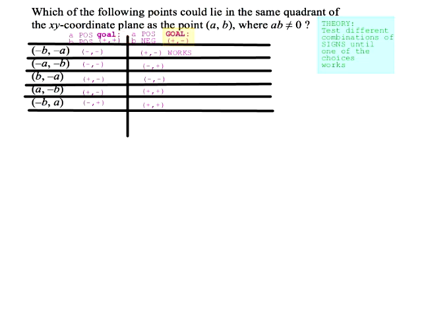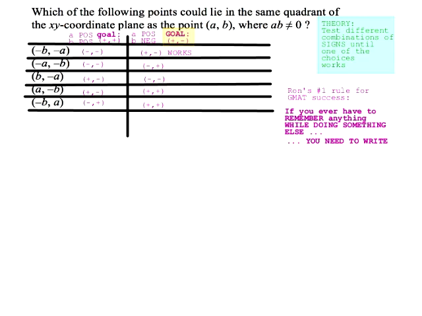And don't forget my number one rule of GMAT success, my number one rule for success on this exam, which is if you ever have to remember something while doing something else, you're not writing enough stuff down. Period, end of story.